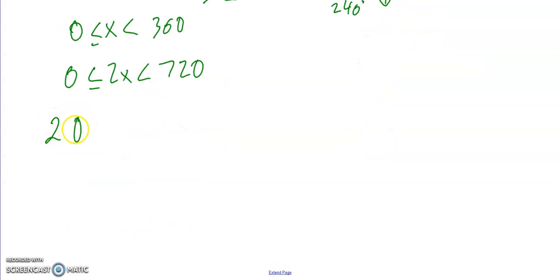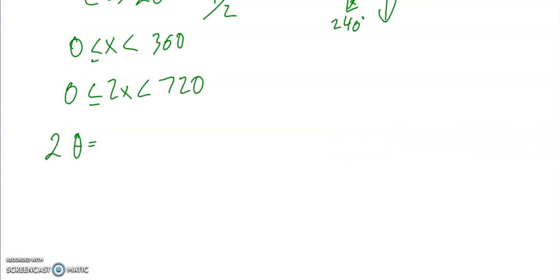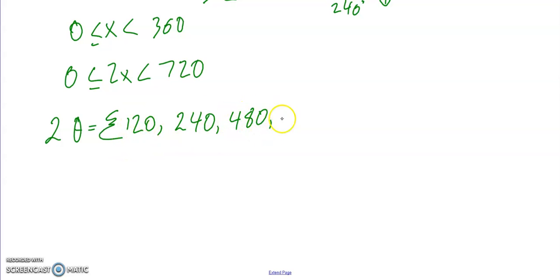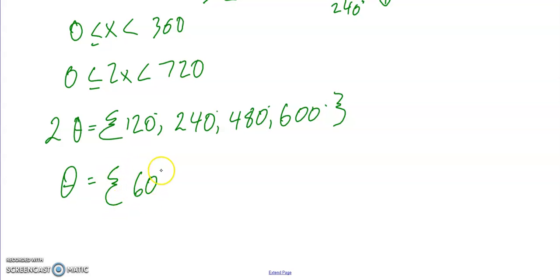So 2 theta is going to go from 120 to 240 to 480, because 120 plus 360 is another rotation, and 600. And all of these are in degrees. That means theta is going to be half of each of those. So that's going to be 60 degrees, 120 degrees, 240 degrees, and 300 degrees.